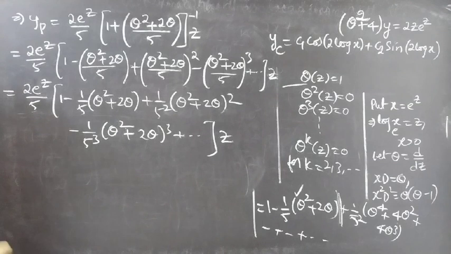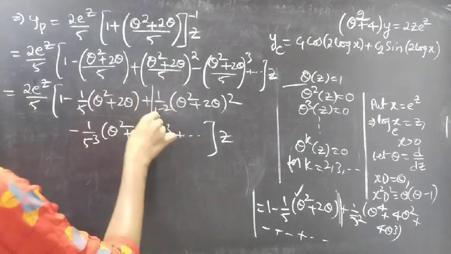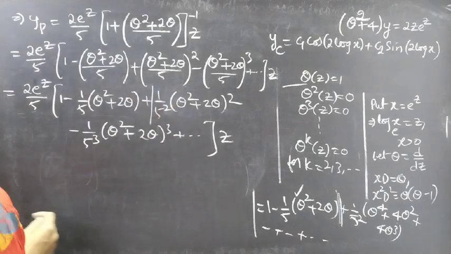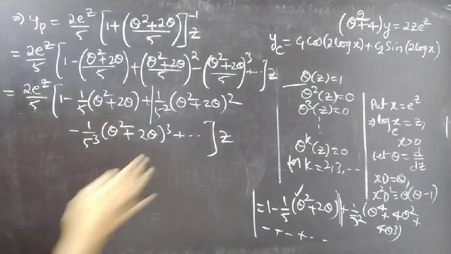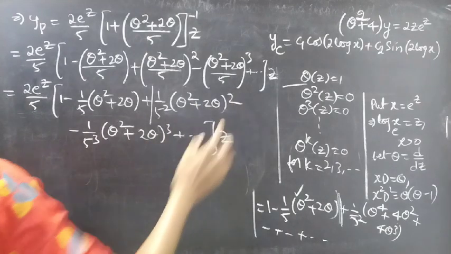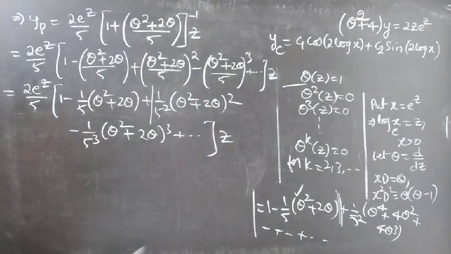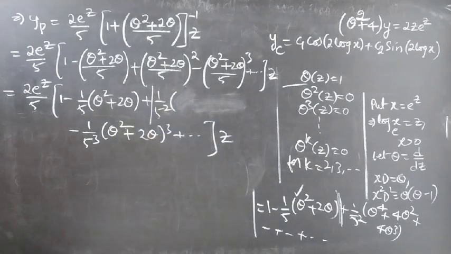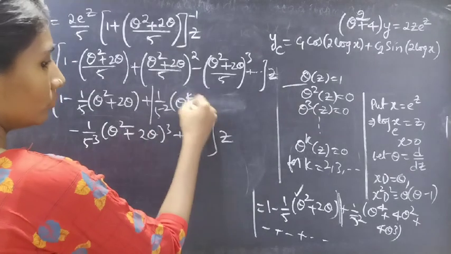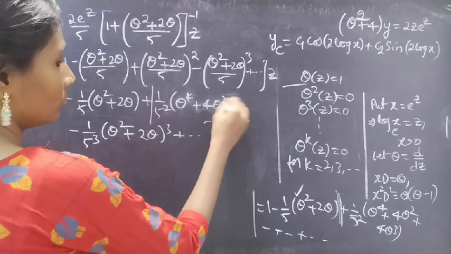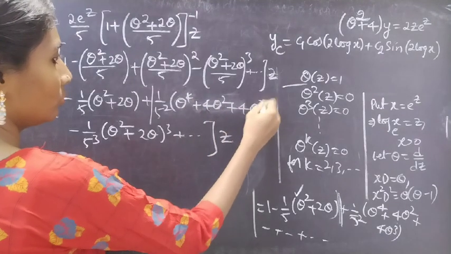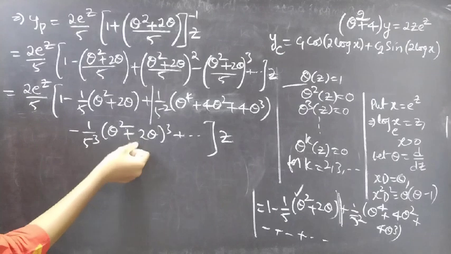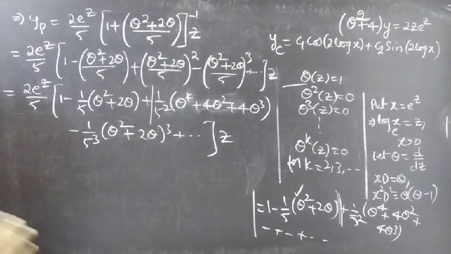All the terms from here involve higher derivatives. Or if you want, you can write the expansion of (theta square plus 2 theta) whole square here, and expand (theta square plus 2 theta) whole cube also if necessary.